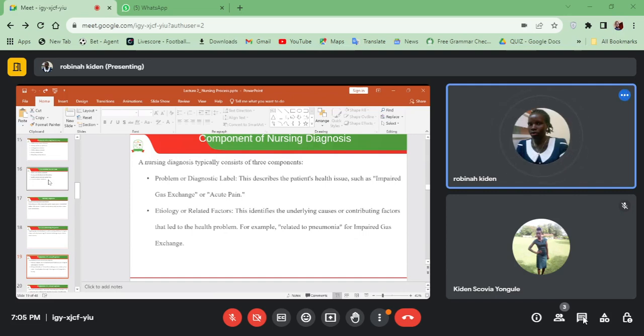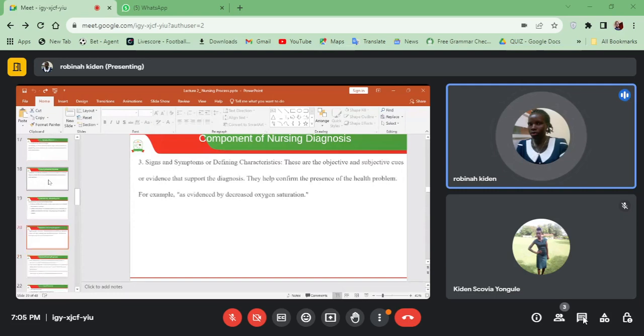So we can say that impaired gas exchange is the problem itself. Then the second component is the cause. Then the third component is the signs and symptoms or defining characteristics. These are the objective and subjective cues or evidence that support the diagnosis. They help confirm the presence of the health problem, for example, as evidenced by decreased oxygen saturation.